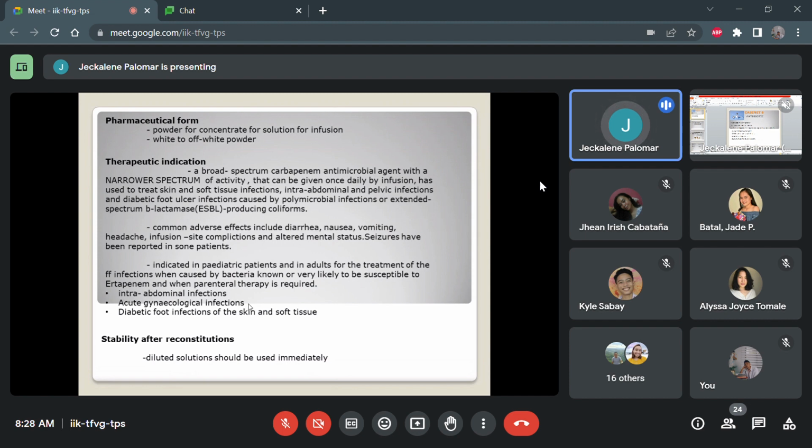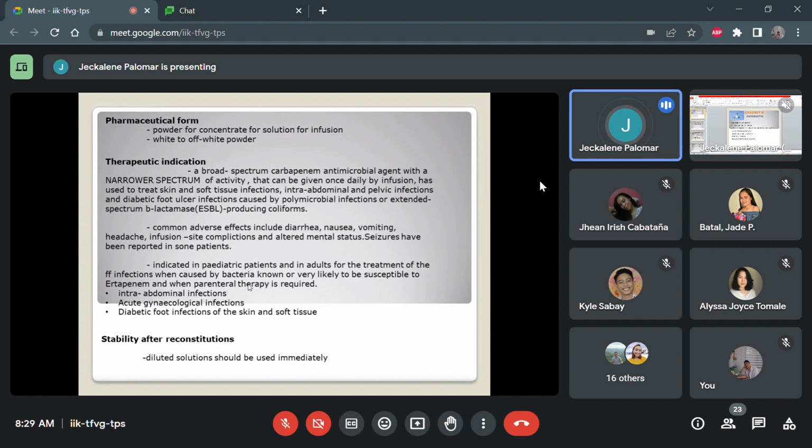Common adverse effects include diarrhea, nausea, vomiting, headache, infusion site complications, and altered mental status. Seizures have been reported in some patients. It is indicated in pediatric patients and in adults for the treatment of the following infections when caused by bacteria known or very likely to be susceptible to ertapenem, where parenteral therapy is required: intra-abdominal infection, acute gynecological infection, and diabetic foot infections of the skin and soft tissue.